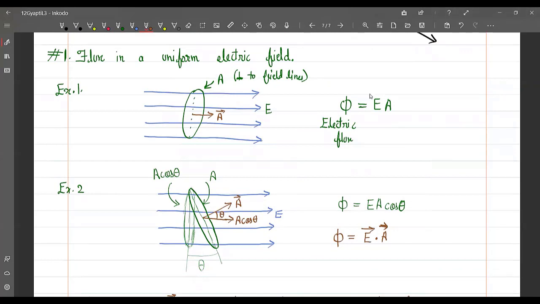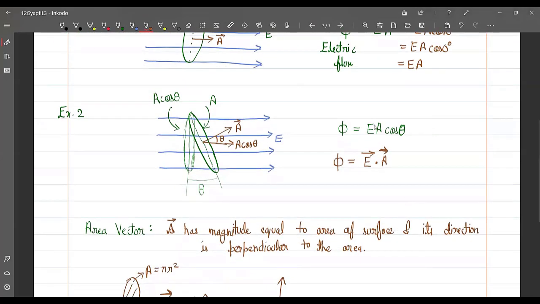Here also you could have written flux as E dot A. That would have given you EA cos theta, but theta is 0 degree. So EA cos 0 degree would give you E times A. But here EA cos theta or E dot A, where the A vector is an area vector defined as having magnitude equal to the area of the surface and its direction perpendicular to the area.